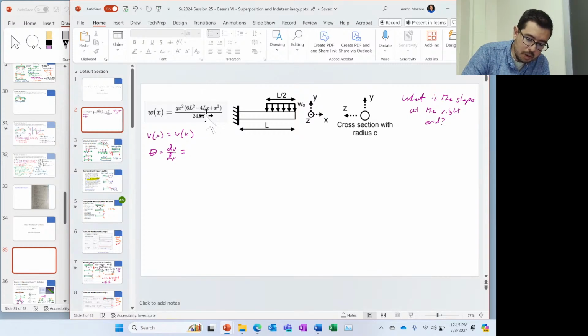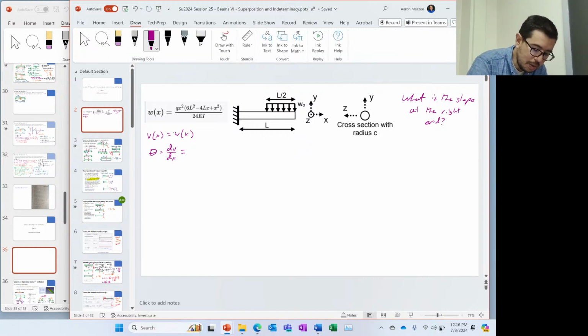We get 6L squared minus 4L squared plus L squared, so that's 7L squared minus 4L squared, which is 3L squared at the right end. This has the opposite sign from what we normally use because we know it's going downward. So v of x, the way we think of it, is actually equal to the negative of this thing.